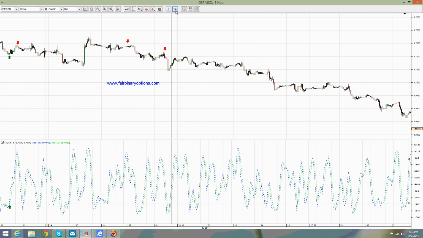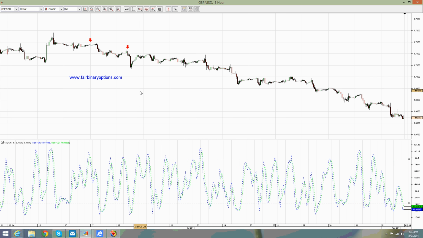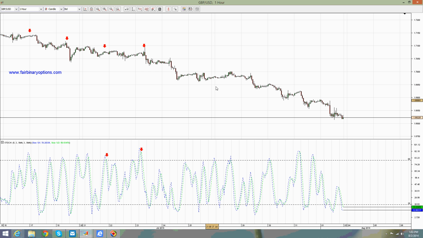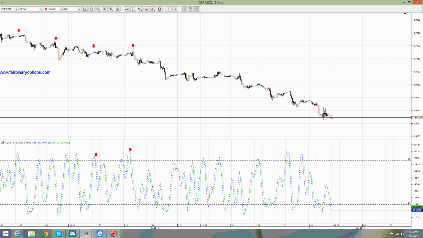This is another moment where we should buy put options. As the trend is clearly to the downside, we don't have a series of two higher lows, but only lower highs. And every time the oscillator goes into the overbought territory, meaning here, and here, we should only go and buy put options as the market keeps falling to the downside, and including here, and including here.